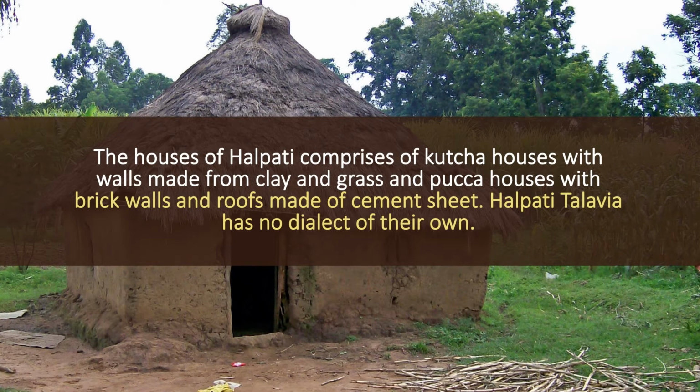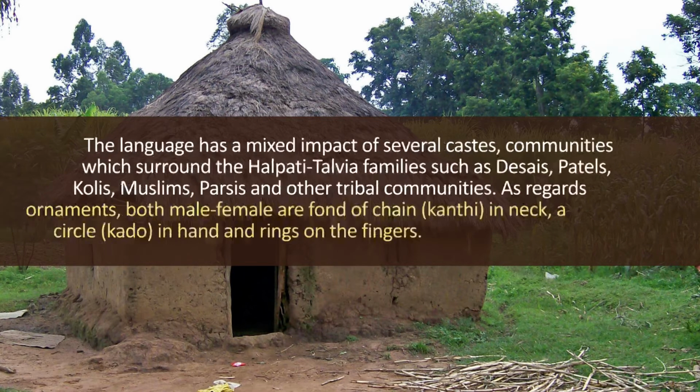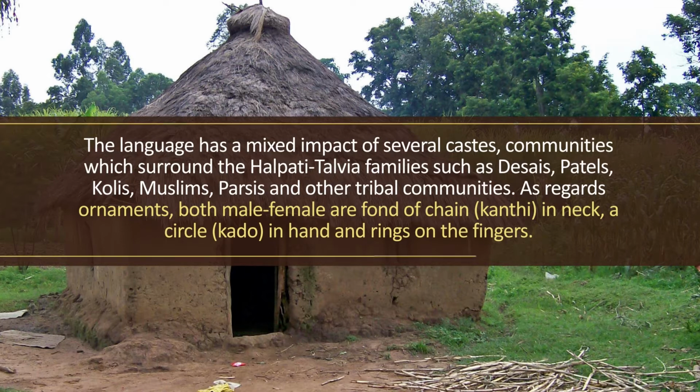Halpati Talavia has no dialect of their own. The language has a mixed impact of several caste communities which surround the Halpati Talvia families such as Desais, Patels, Kolis, Muslims, Parsis and other tribal communities.